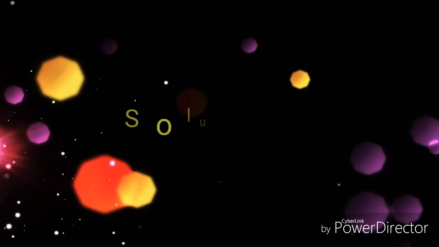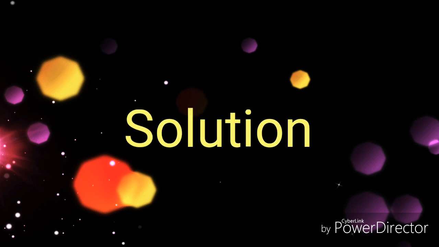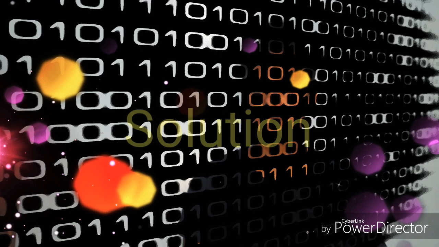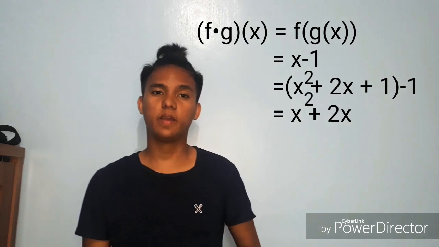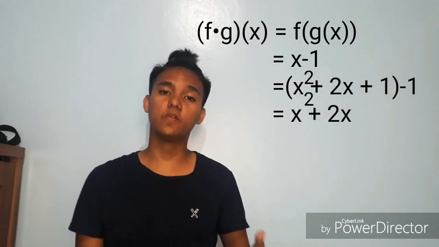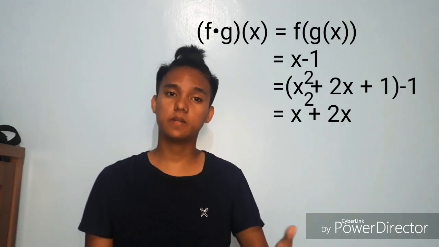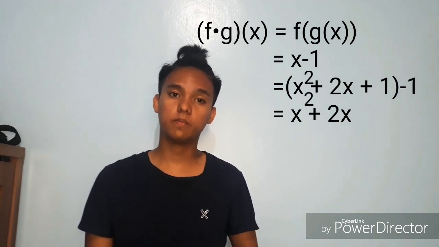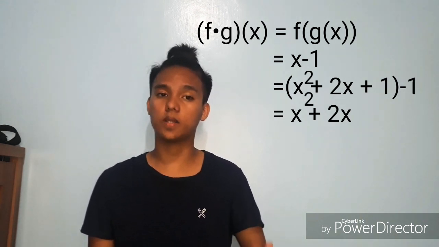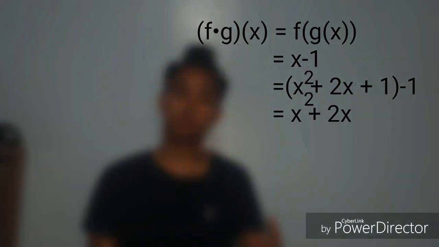First, f of x is equal to x squared plus 2x plus 1, and g of x is equal to x minus 1. f composition g of x is equal to f of g of x, which is f of x minus 1, equal to x squared plus 2x plus 1 minus 1, which is equal to x squared plus 2x.